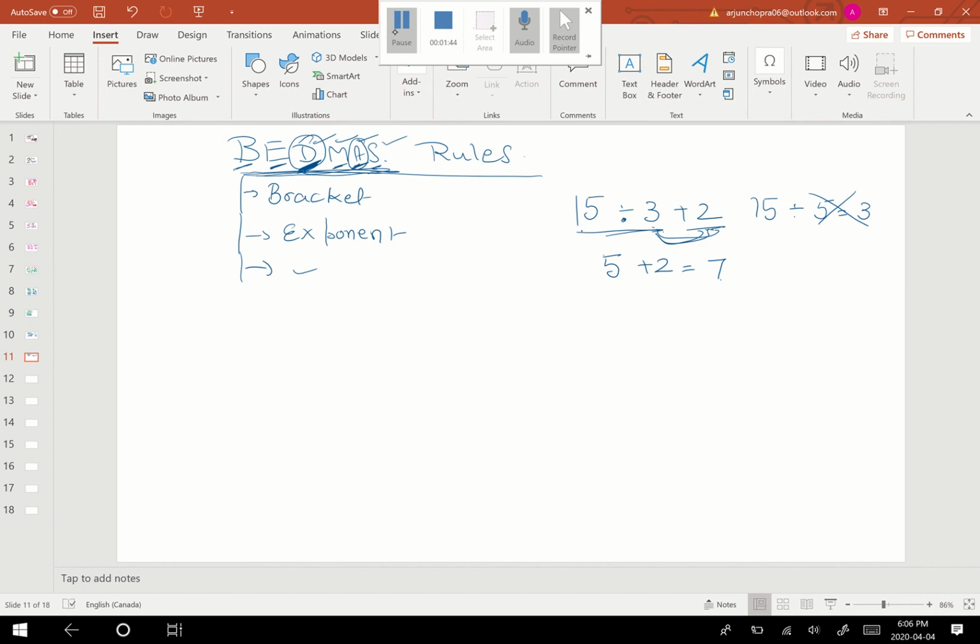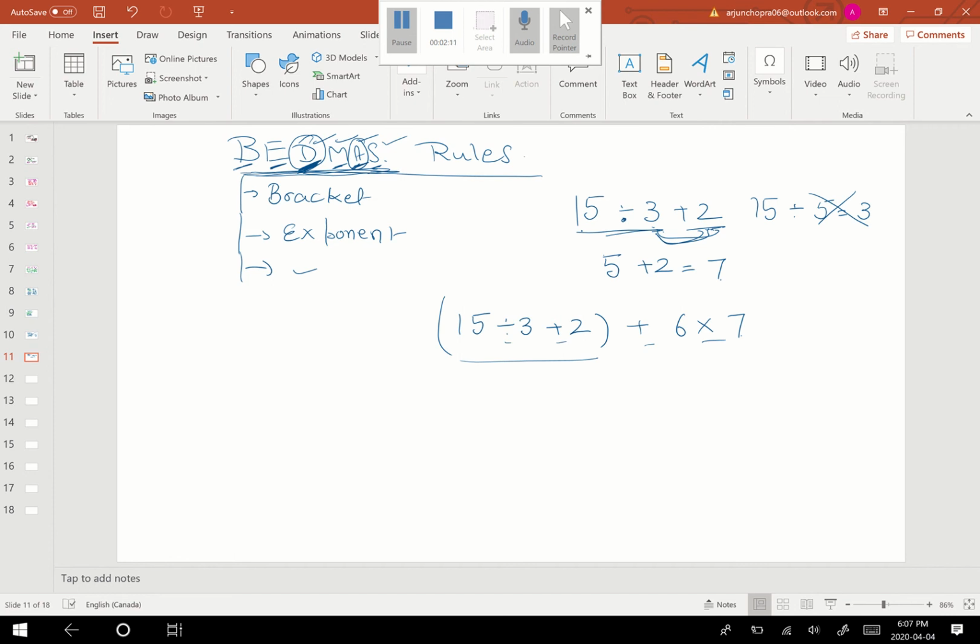So let's look into another example: 15 divided by 3 plus 2, this is in a bracket, and plus 6 times 7. What do I need to do? First of all, I'll see what operations are given to us. One is the bracket, and then there is addition, multiplication, division, and one more addition.